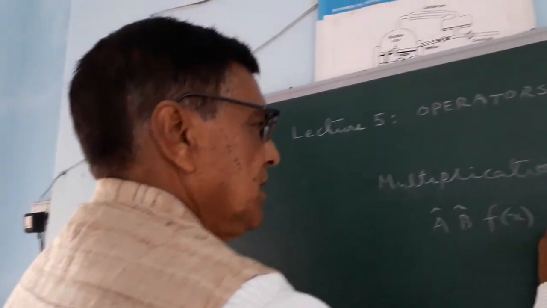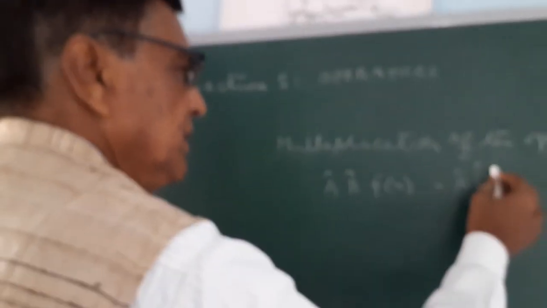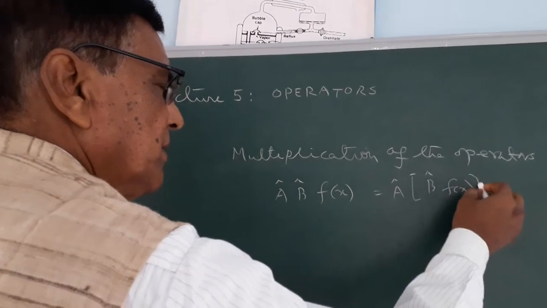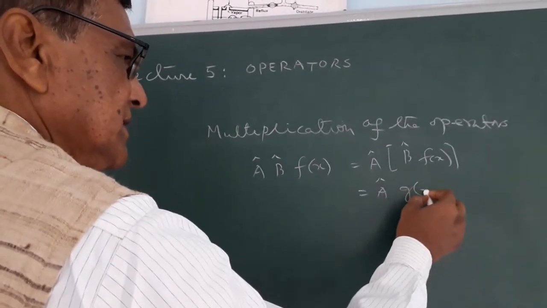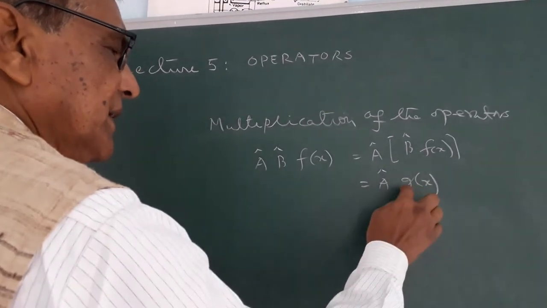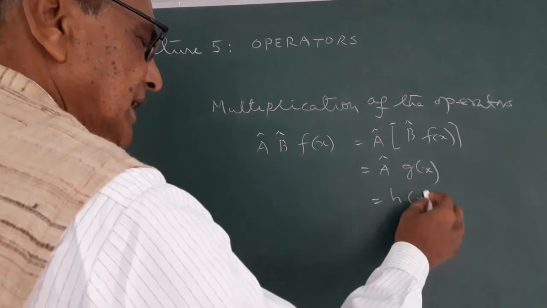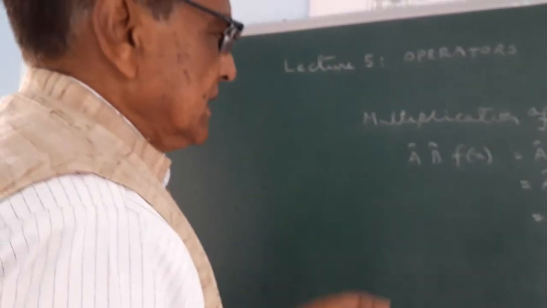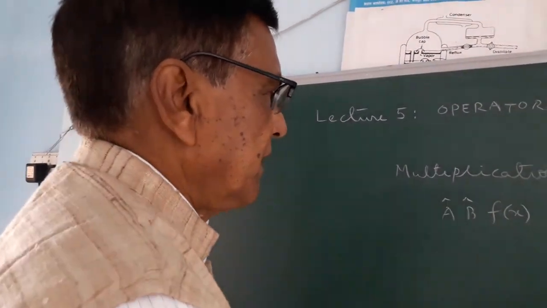So first B cap operates on f(x) and gives a new function, say g(x), and when g(x) is operated on by A cap it gives h(x), another function. The order of this operation is a very important factor in the case of multiplication.